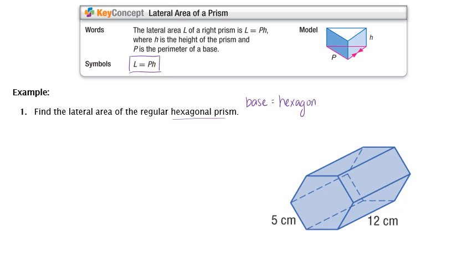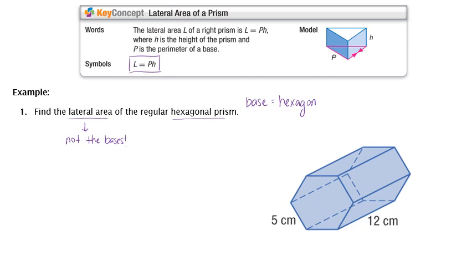Now we're finding the lateral area, not the whole surface area, so that also means not the bases. It's nice in this case, because I don't need to bother finding the area of these hexagons. I don't need that formula we talked about in the last chapter at this time. I probably will later, but right now I'm all right.